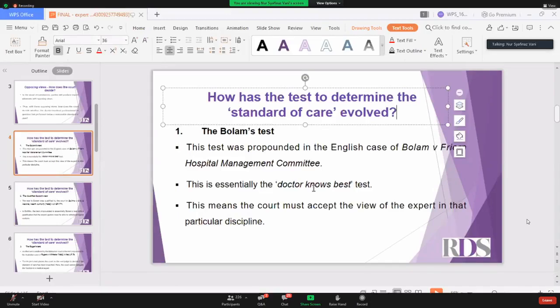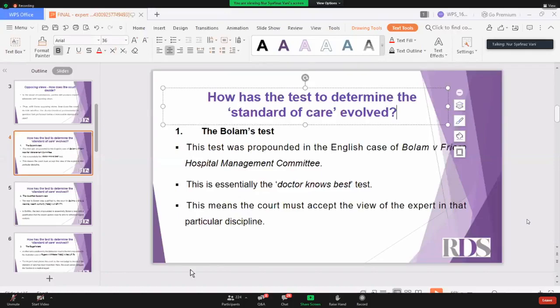So basically, with this test, as long as there are two conflicting views, and the defendant doctor adopted one of the views, you can't say he is negligent. Either one, he followed one and he didn't follow the other, he's not negligent. So basically, the standard of care in the Bolam test is decided by the medical profession.